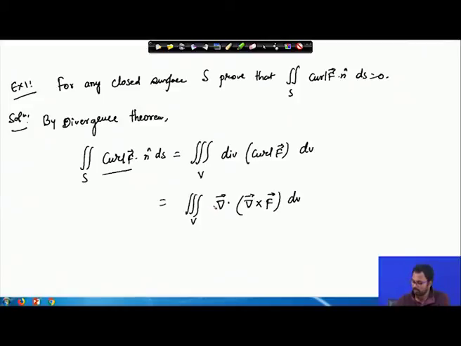We can show that this thing here will actually be 0. So, we can calculate this, and this will lead to 0 dV, and therefore the whole thing is 0. Since the divergence of curl of f is equal to 0, the whole volume integral will be 0.